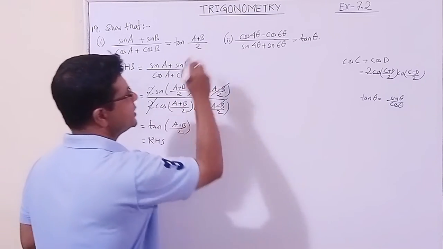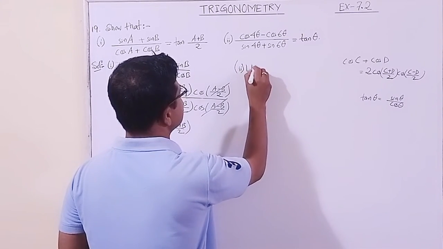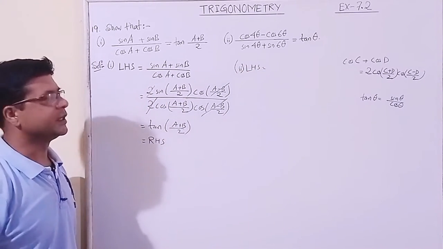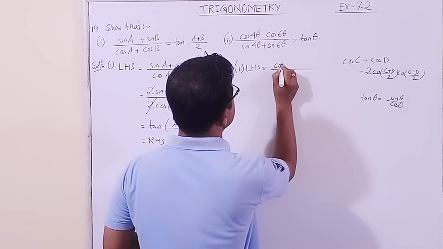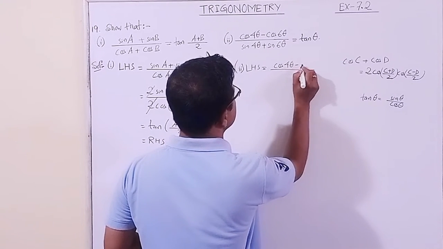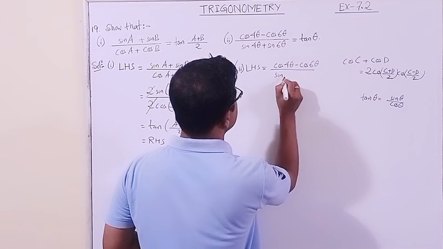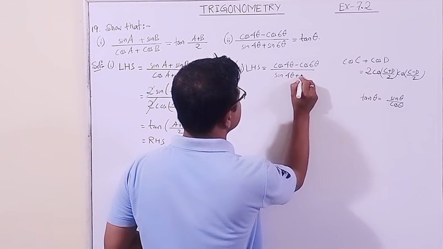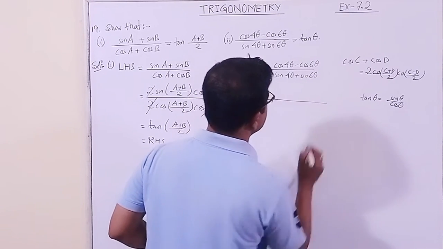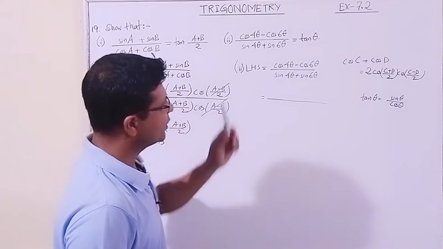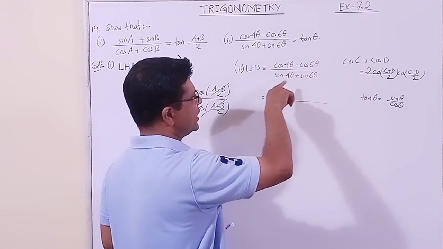Now let us take the second one. The left hand side we have taken. Let us write what it is. Cos 6 theta minus cos 4 theta over sin 4 theta plus sin 6 theta. Now dear student, before applying the formula here, what I want is that the bigger angle is written first.